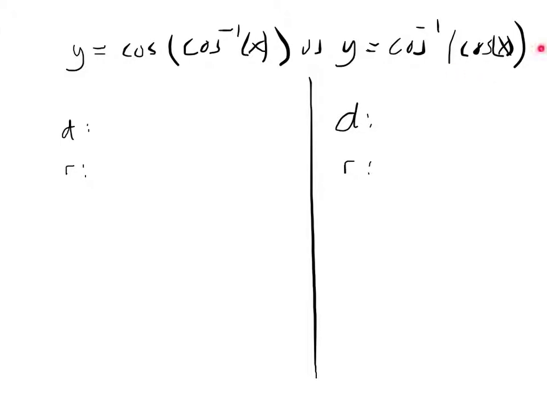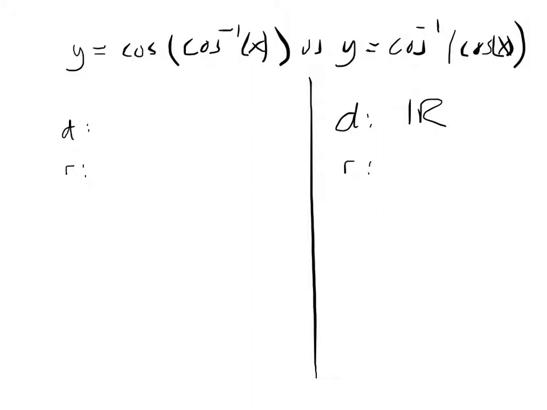Over here, what's my domain for this function? In other words, if I'm going to put something in for x, what can I put in? And the answer is I can put in anything. Cosine of any angle we now know how to find. So my domain for this function is all reals. What's my range?